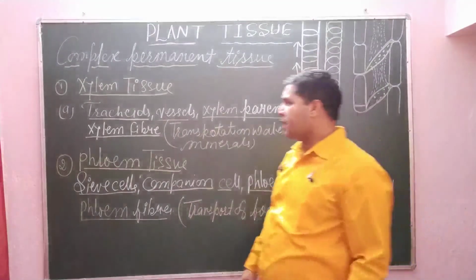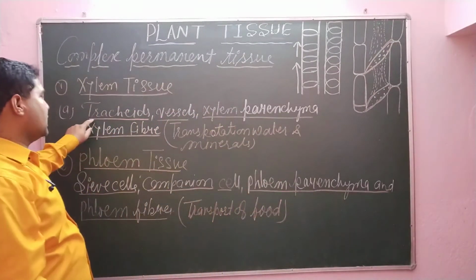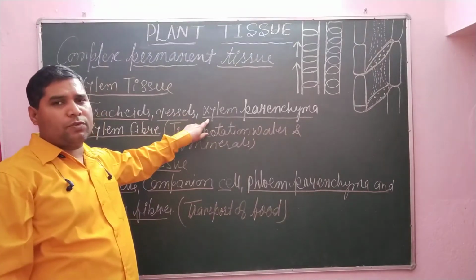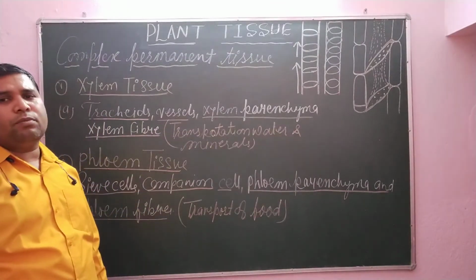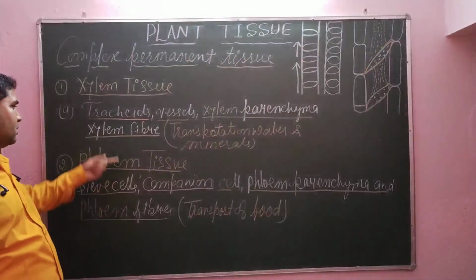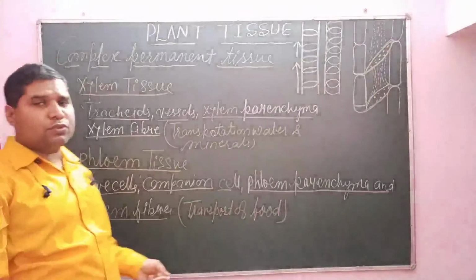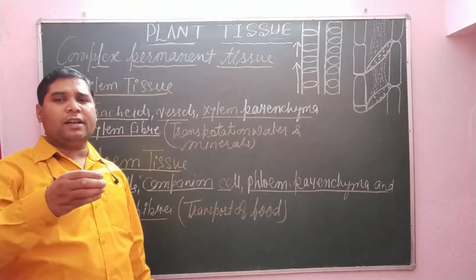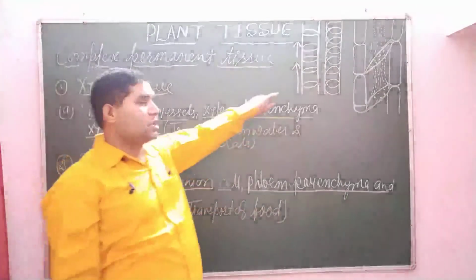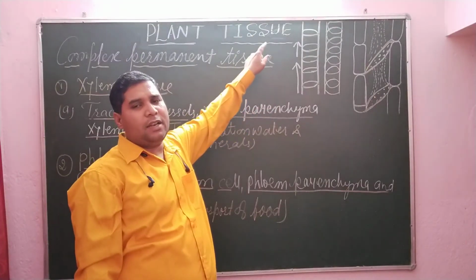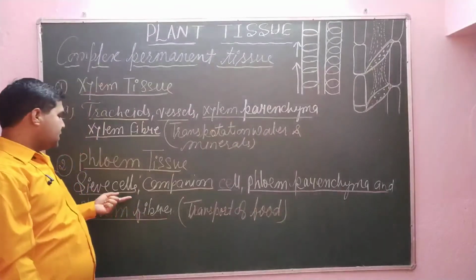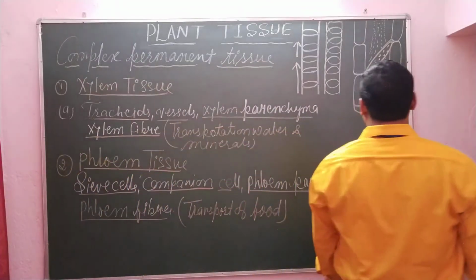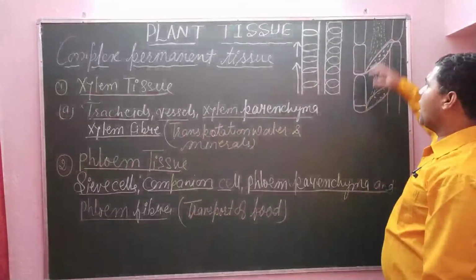Now, tracheids and the vessels are known as tracheary elements, whereas xylem parenchyma, as you know very well, helps in the storage of food and water, dear student. Xylem fiber is used to support the xylem tissue and make it hard and rigid, and helps in transportation of the water and minerals. In the same way, sieve cell and companion cell make a pathway through which the food is transported from upward to downward.